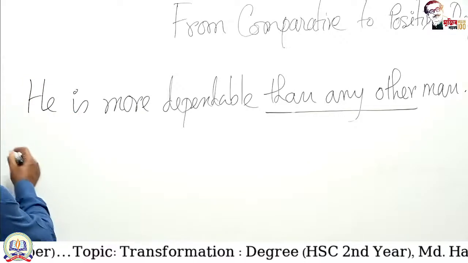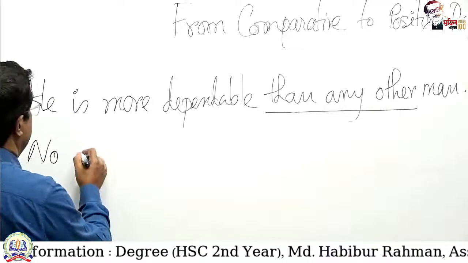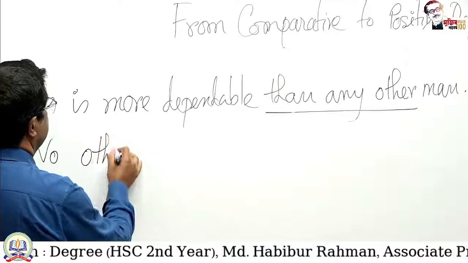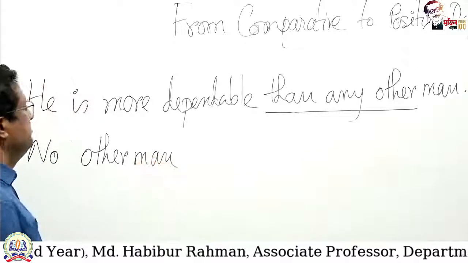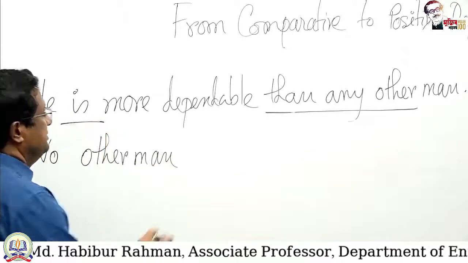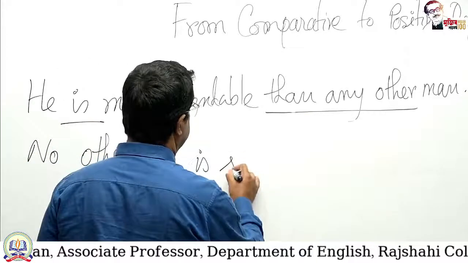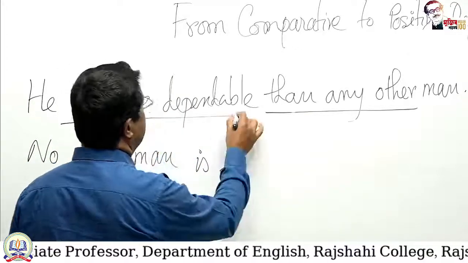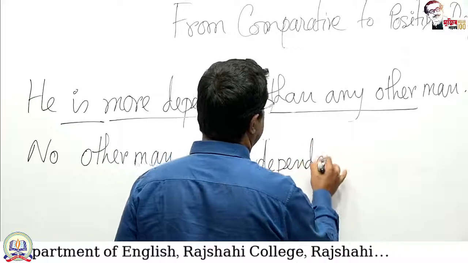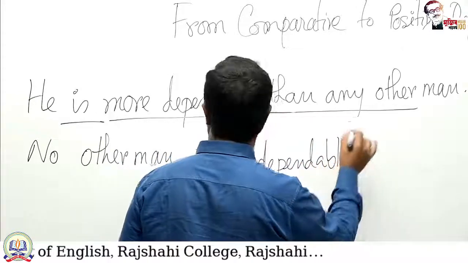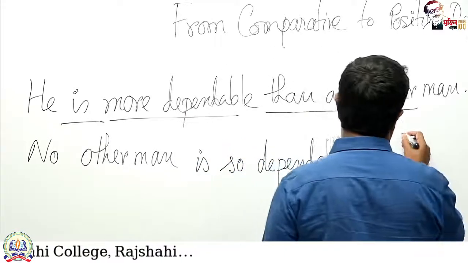So in positive form, this is no other man, then the verb is, so dependable as he.